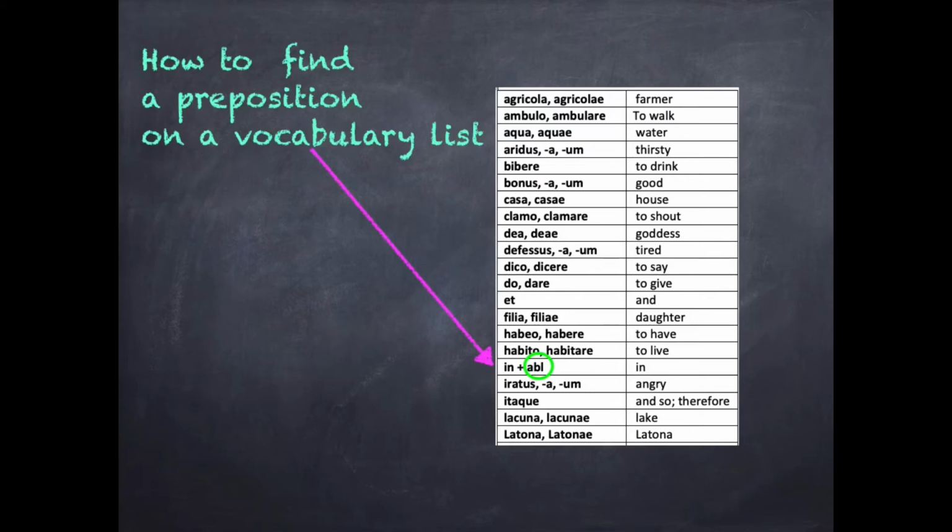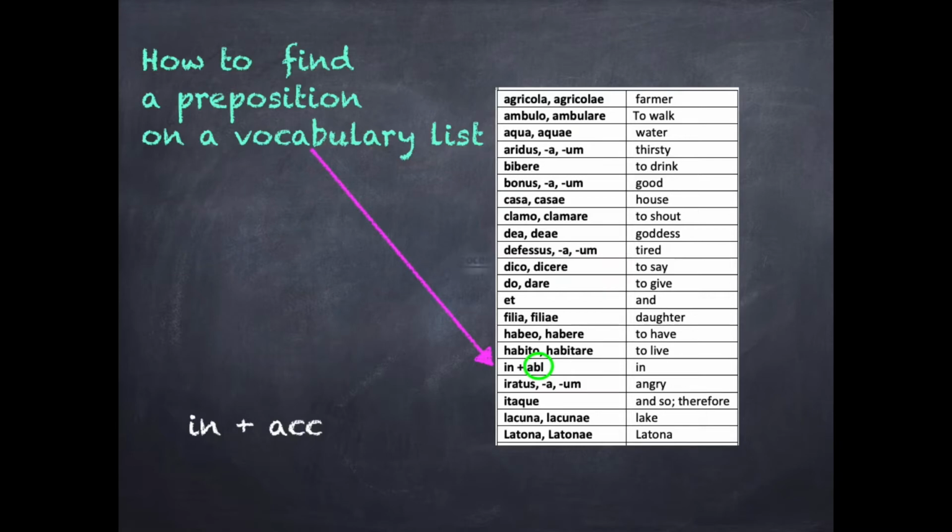Exactly what the ABL stands for, we'll talk about in a little bit. But for now, understand that when you see it after a little word on the vocabulary list, that word is a preposition. But in addition to plus ABL, we can also look for plus ACC.